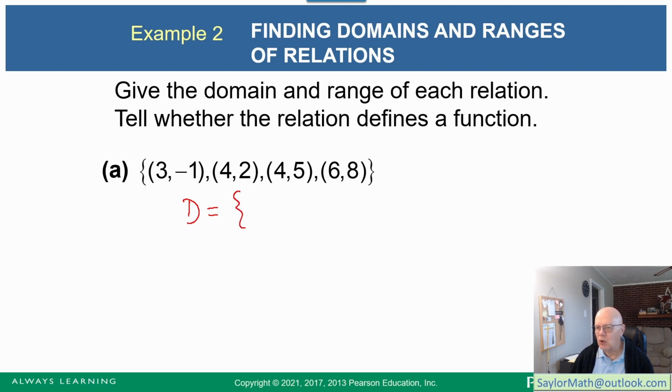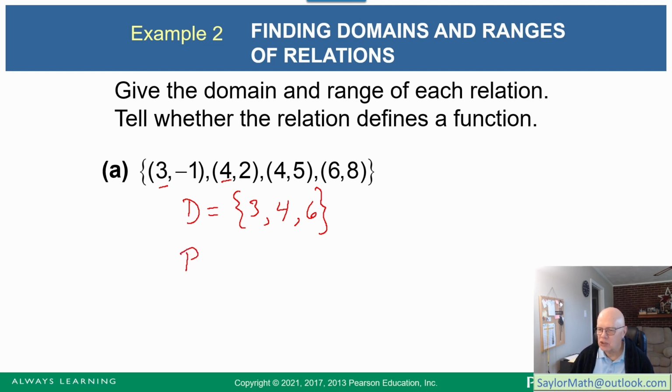All you need to do is list all the x values. We've got 3 here, so we'll put 3 in. We've got 4 here. There we go. We've got 4 there. We don't repeat the 4s because it's a set. We just want to know what's there and what's not in there. And we've also got a 6. That's our domain for that relation.